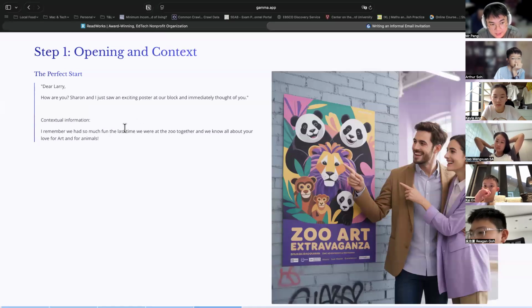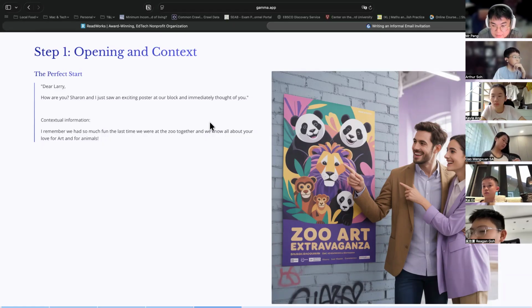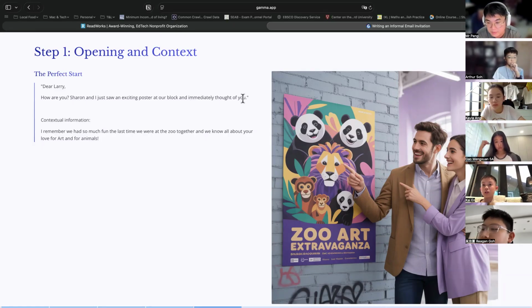Then after the polite statement, we have "Sharon and I just saw an exciting poster at our blog and immediately thought of you." What is that? Is that the purpose statement, boys and girls? No. Not yet. What is this? "We saw an exciting poster at our blog and immediately thought of you." Anyone?